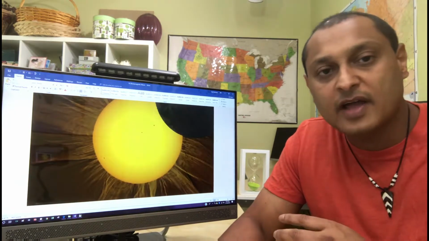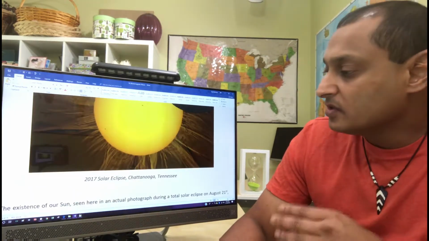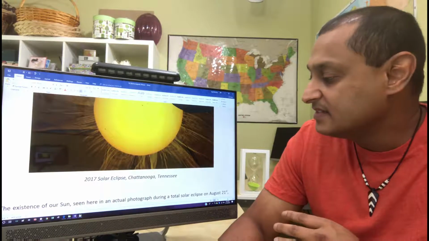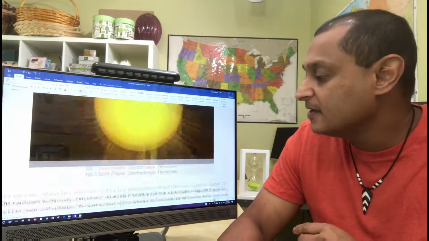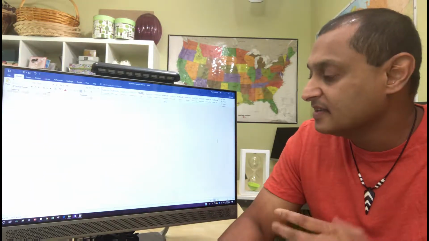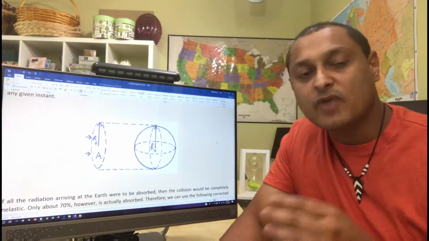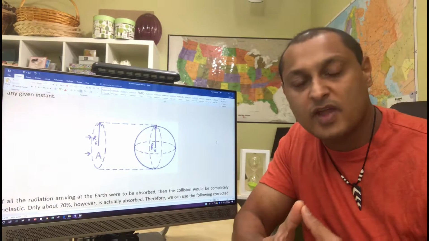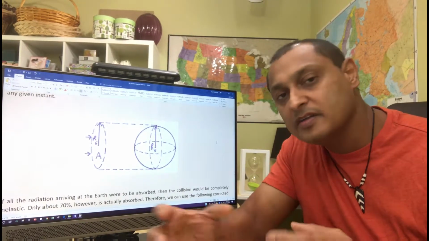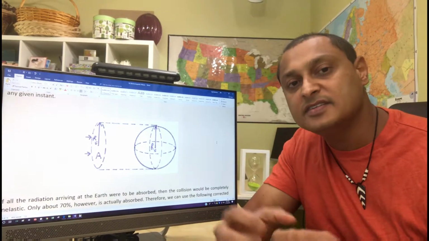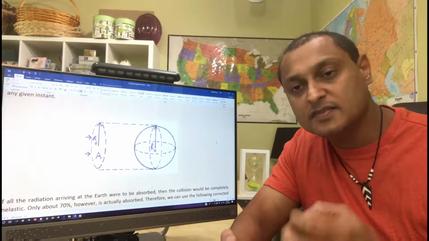This is an actual photograph of the solar eclipse that occurred in 2017. Picture was taken in Tennessee. And so I did an example, a calculation of the ratio of the force of the radiation pressure from the sun on the Earth compared to the gravitational pull of the sun on the Earth.